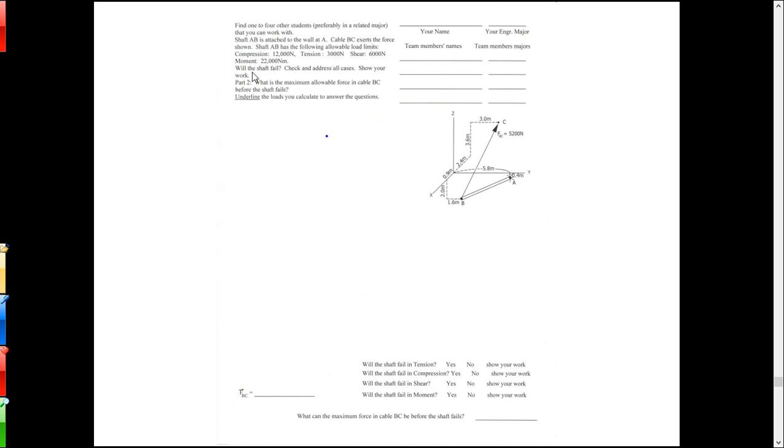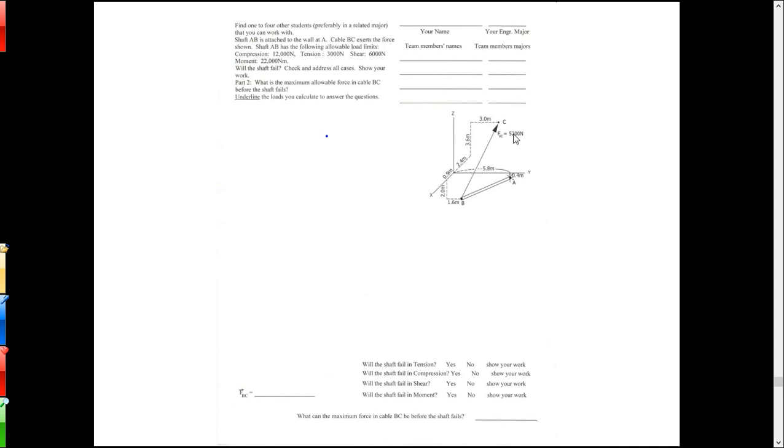It can handle loads of 12,000 newtons compression, 3,000 newtons tension, 6,000 newtons of shear, and 22,000 newton meters of moment. And if we apply this force here, what we'd like to know is, will the shaft fail? So we want to check and address all the cases, show your work. Okay, so that's the main part of this problem.